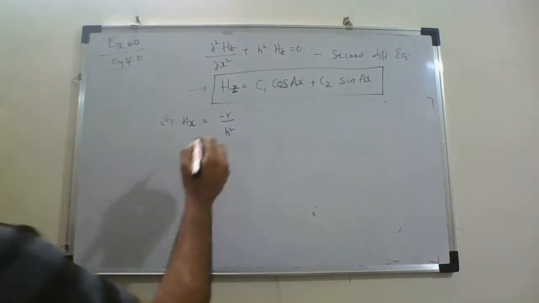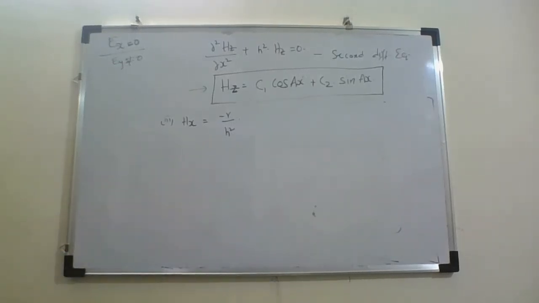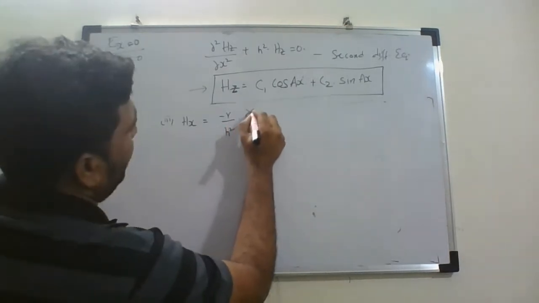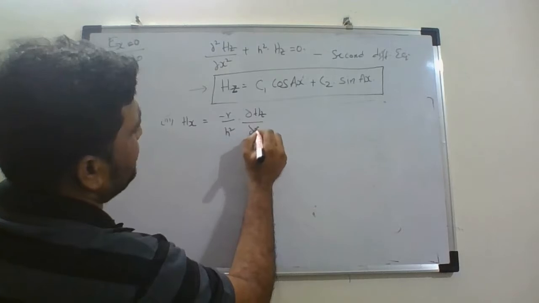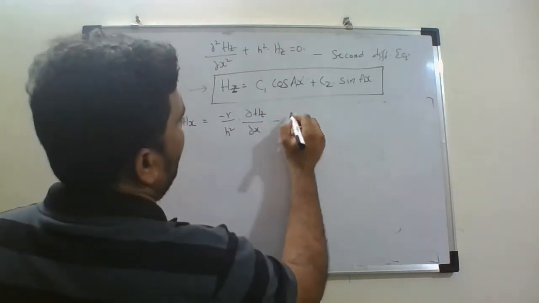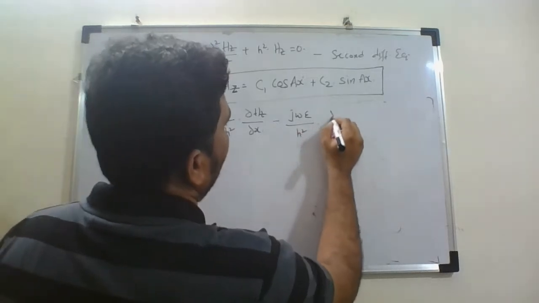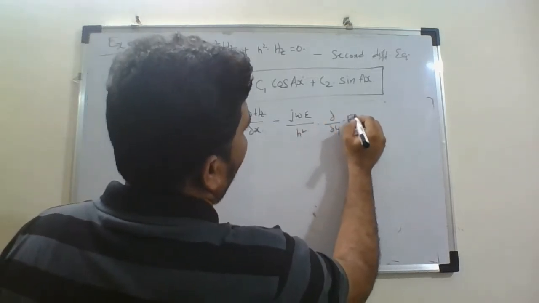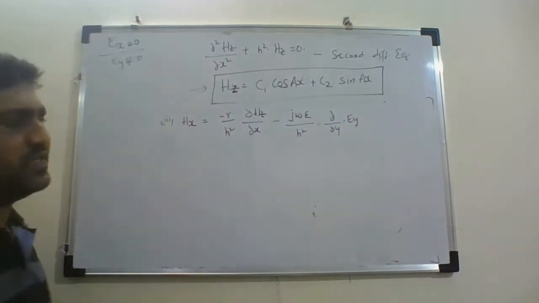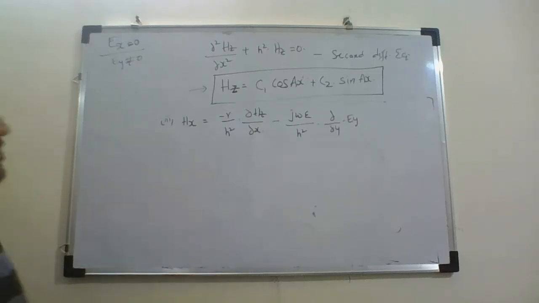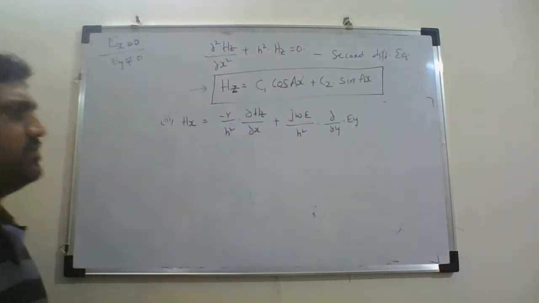Minus γ/h² into ∂Hz/∂x minus jωε/h² into ∂/∂y of Ez. So this is the expression. Again this is a plus, it doesn't matter.